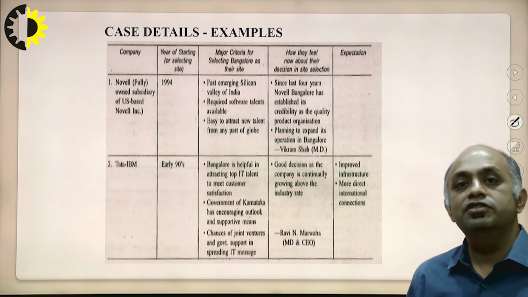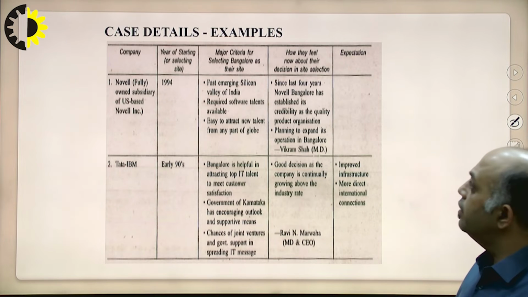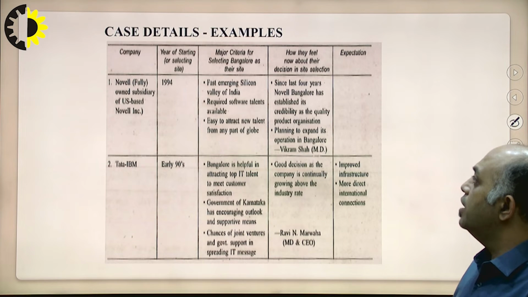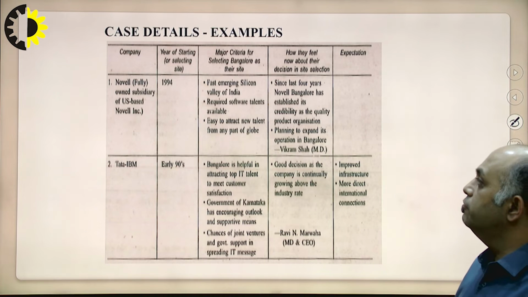So once the decision is taken, now they can understand what they have done, what is wrong, what is right. What they wrote is, since the last 4 years, Novel Bangalore has established its credibility as a quality product organization. This is in 1998. This data is in 1998. So in 1994, 4 years they are telling.